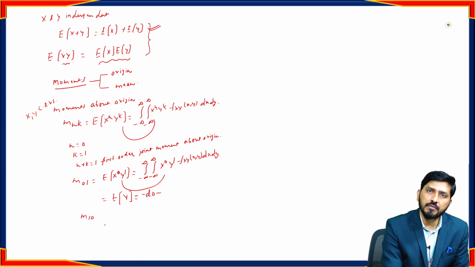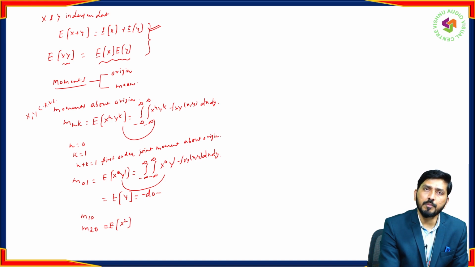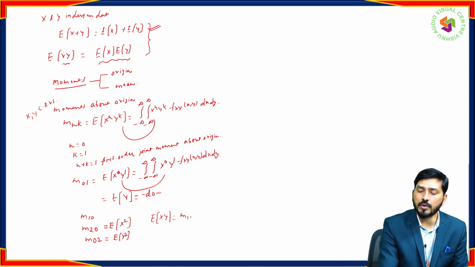m_10 is also called a first order joint moment, and m_20, with X squared, is called a second order joint moment about origin. Another second order is m_02, which is the expected value of Y squared, and another second order is expectation of XY, which is m_11.